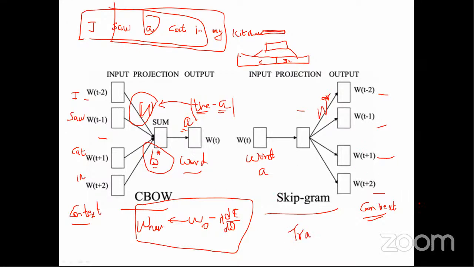We are not finding the word or the context, because we know the word and we know the context. But using that known information, you are training the model and tuning this W matrix. W is our final output. Yes, sir. Now I got clarity. Thank you, sir. No issues.